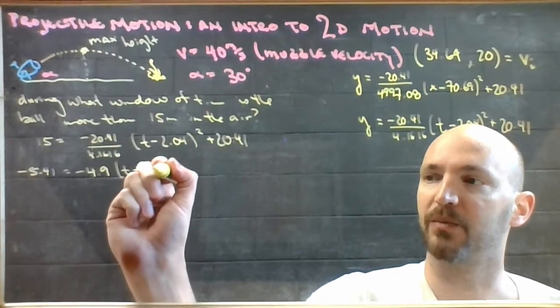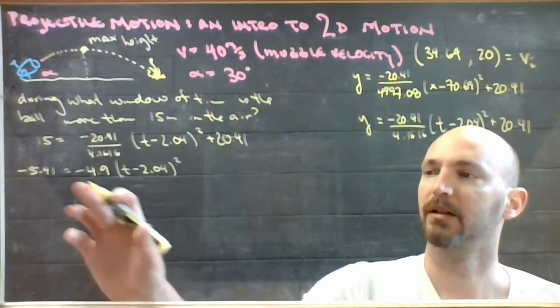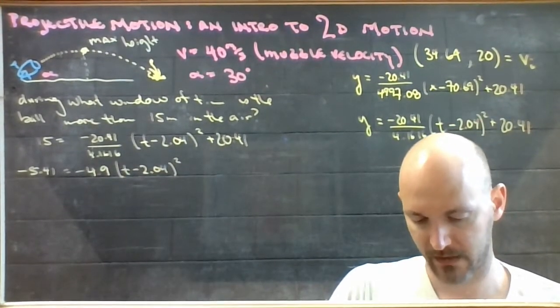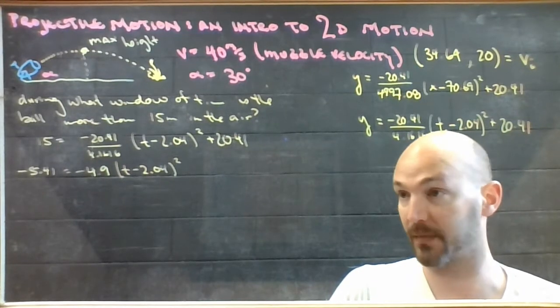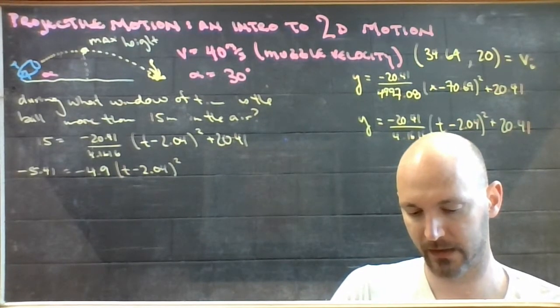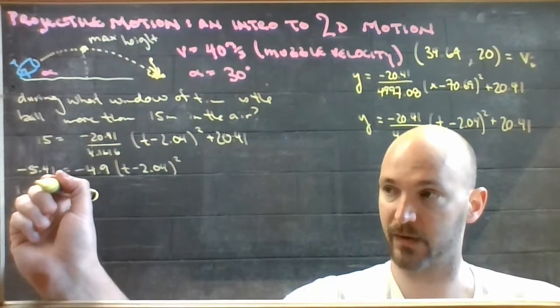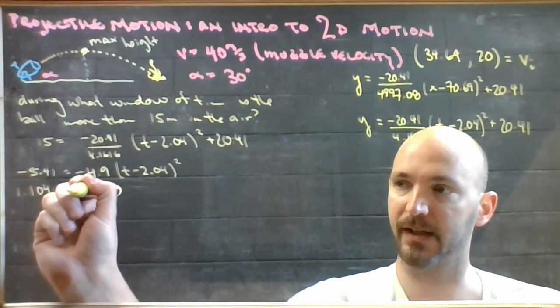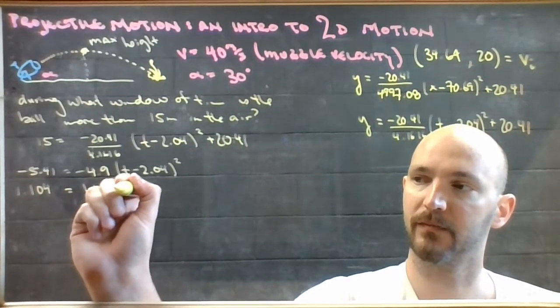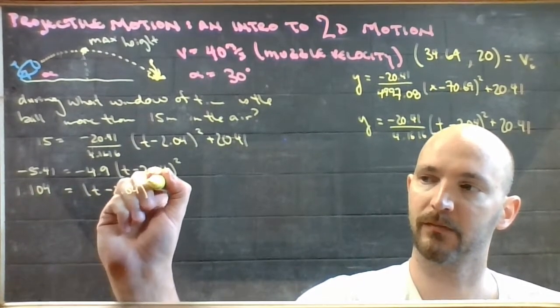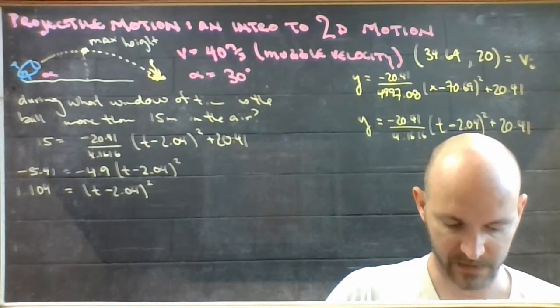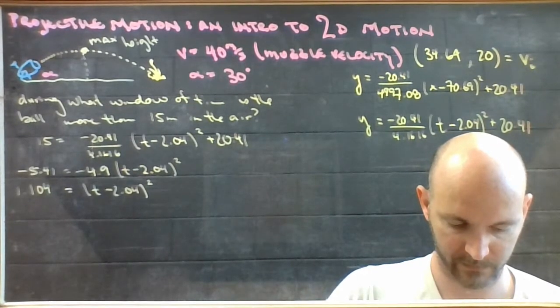Time minus 2.04 squared equals 5.41 divided by 4.9. Notice they are both negative, giving you a positive value of 1.104 on this side. Square root both sides.